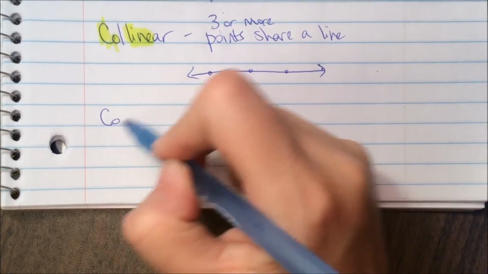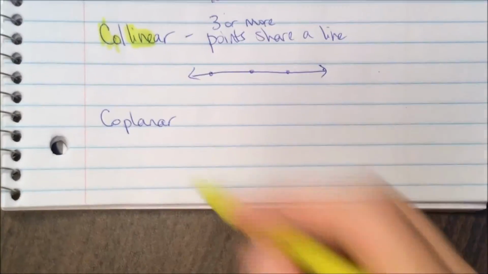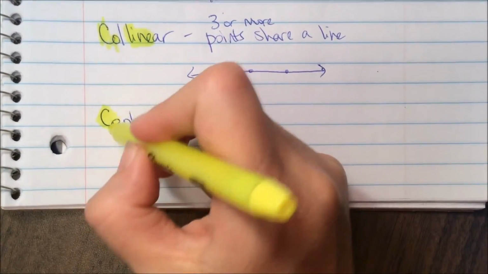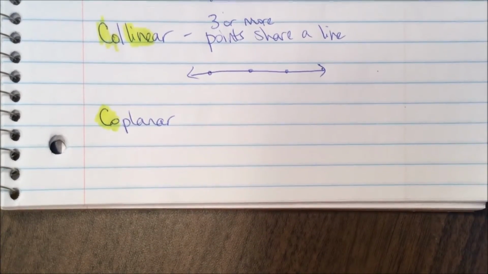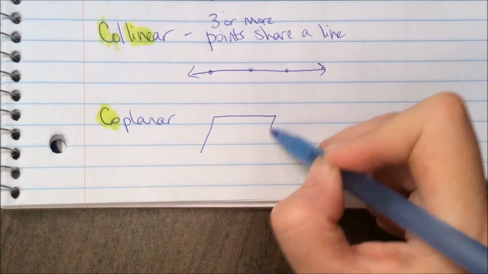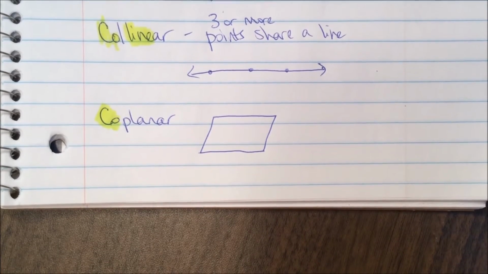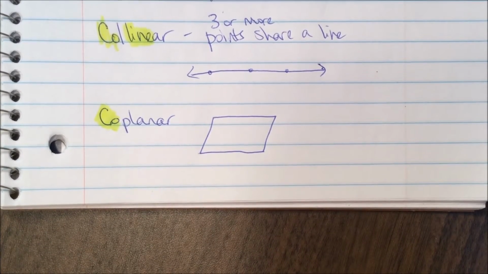And then coplanar is very similar. We got co, meaning to share, and then we have plane, and a plane is, in geometry, is like a space, it's like a location.